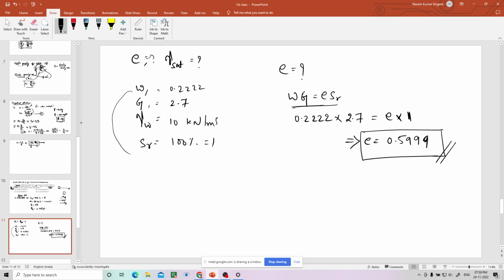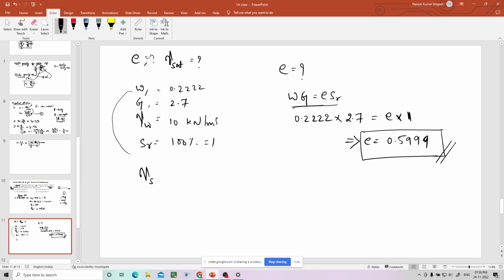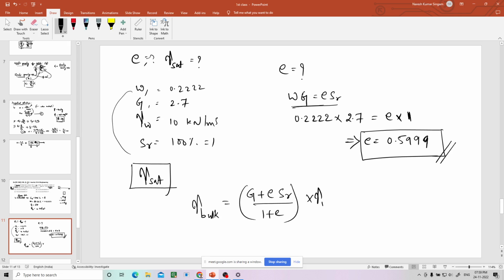We found out this. And what is the next thing? We have to find out saturated unit weight. I just told you there are other derivations in which you will derive this formula: gamma bulk equals (G plus eSr) divided by (1 plus e), multiplied by gamma w.